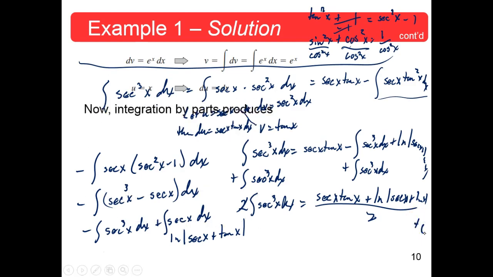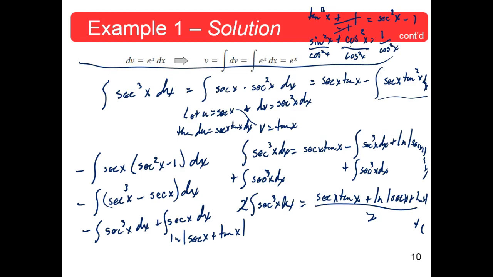Okay. Now, what they did that we didn't do is they split it into 2 pieces: 1/2 secant x tangent x plus 1/2 log of absolute value secant x plus tangent x plus C. Frankly, I probably would have done a half C just to keep a half in front of everything, but that doesn't help it any.